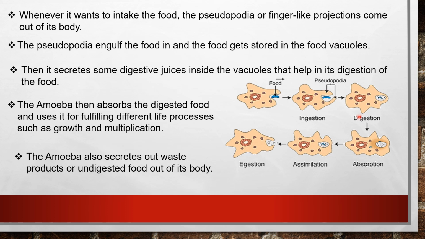The next process is absorption. The amoeba then absorbs the digested food and uses it for fulfilling different life processes such as growth and multiplication. So this amoeba also has many life processes.